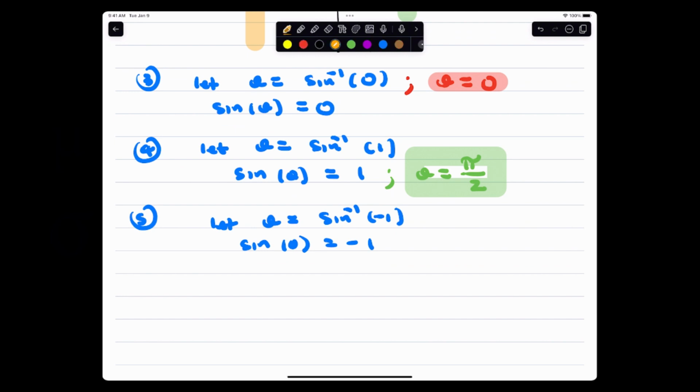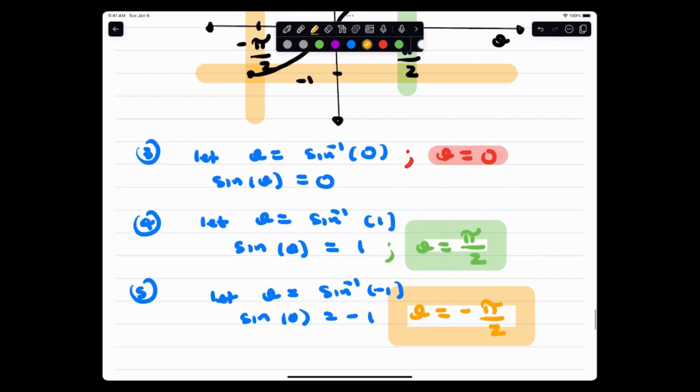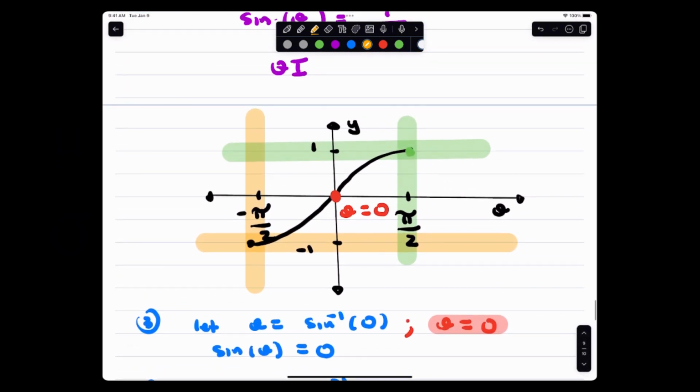Negative pi over 2. So if you guys can see what I have done, if you've done your homework on graphing for sine and cosines, I've asked you all of these questions here, right? Where are the intercepts? Where are the max and minimum values? We've located them. These are the answers you guys use for inverse sine as well.